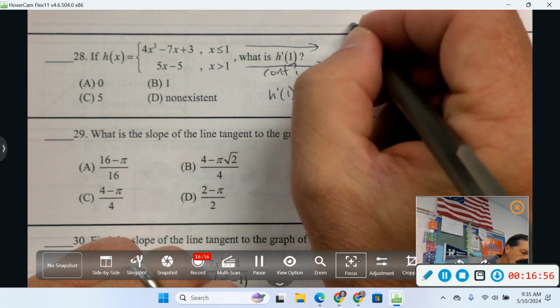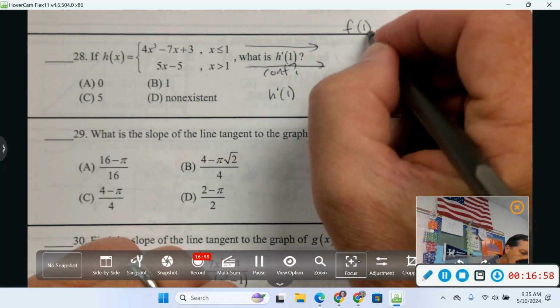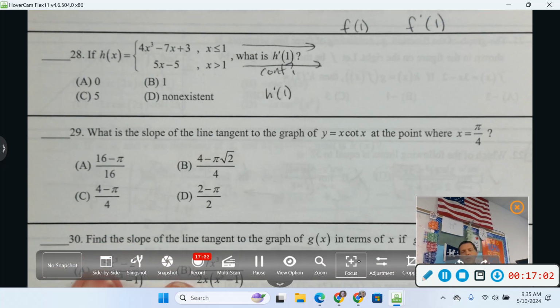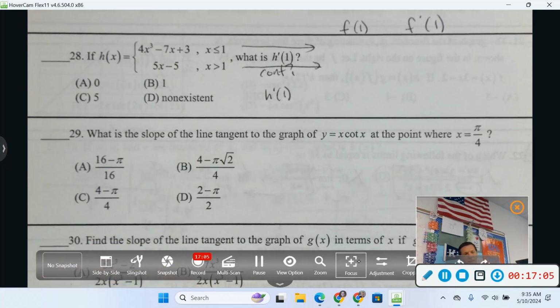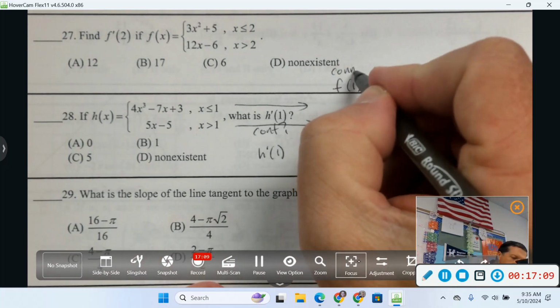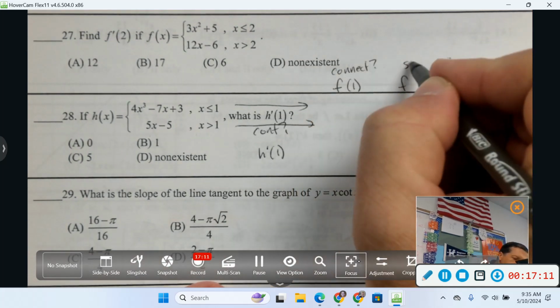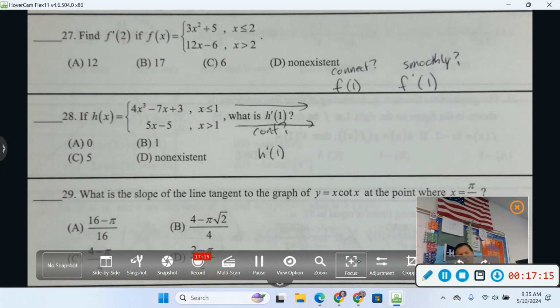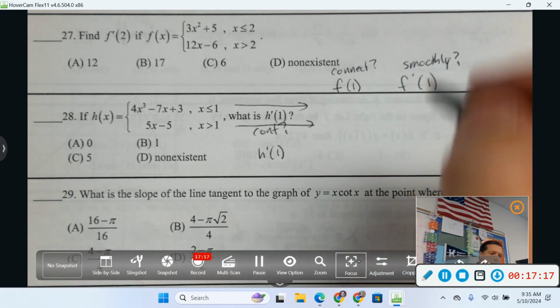So I need to check the function at 1 and the derivative at 1 on both pieces to see that it connects. So this first one will answer me, does it connect? And the second question will be, does it connect smoothly, as in, are their slopes the same, or is it a cusp?